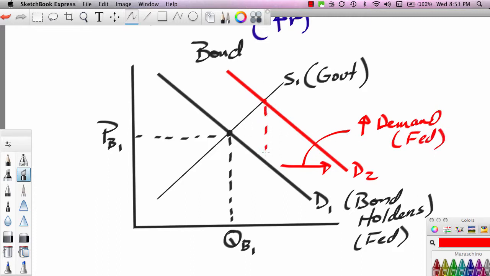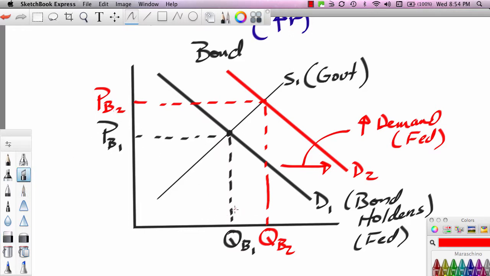That's going to push up the volume of bonds traded. More bonds are going to be sold in dollar terms. But that's also going to push up the price of the bonds. So the price of bonds is going to increase.